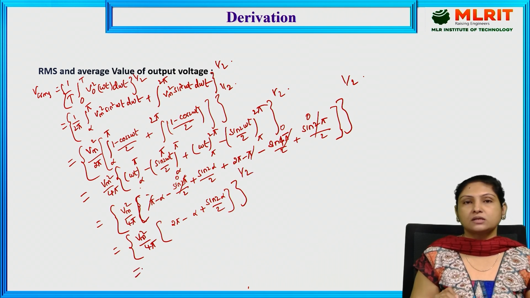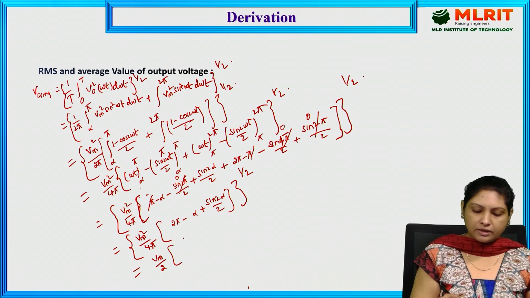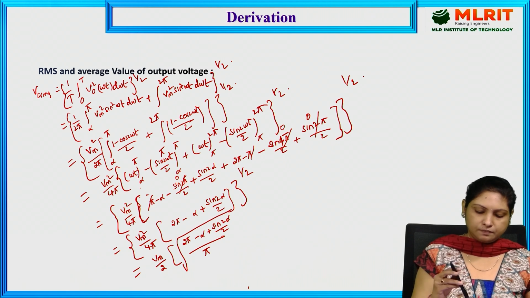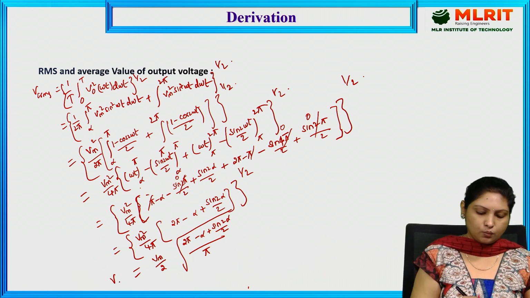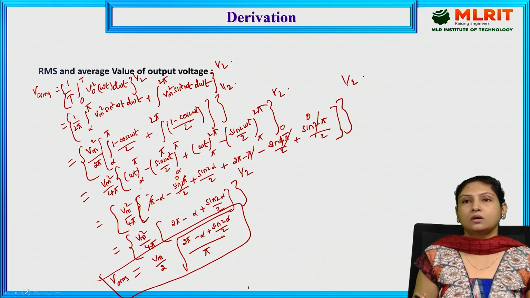And if we apply this whole to the power of 1 by 2, we get Vm by 2. Taking this pi inside, we get pi minus alpha plus sine 2 alpha by 2 pi, and this term is under root. So this is the final V0 RMS expression for single phase half wave control with R.